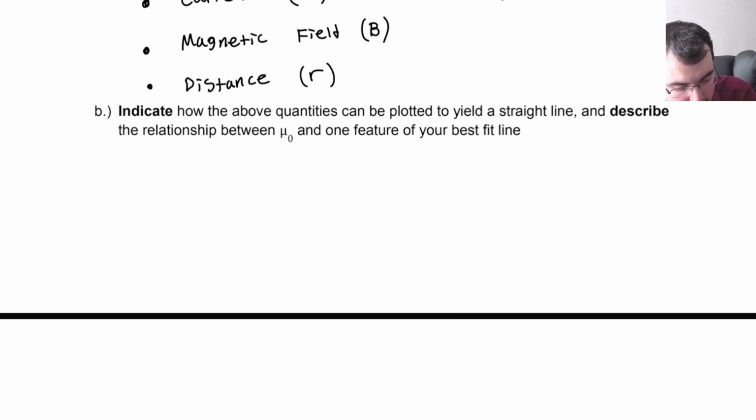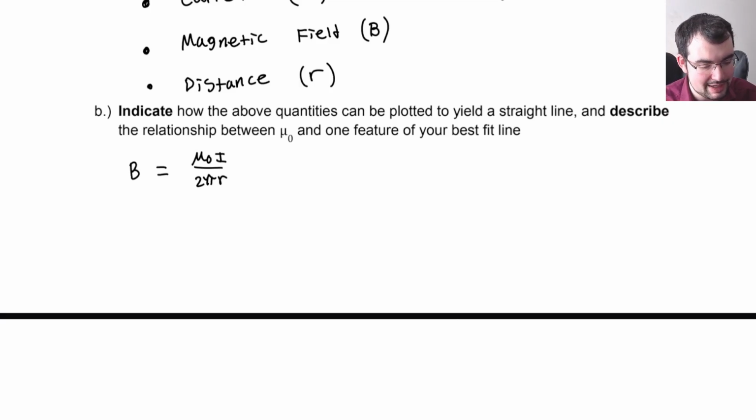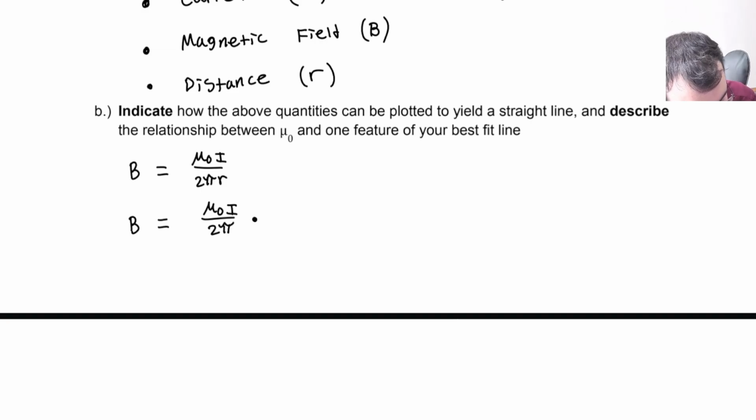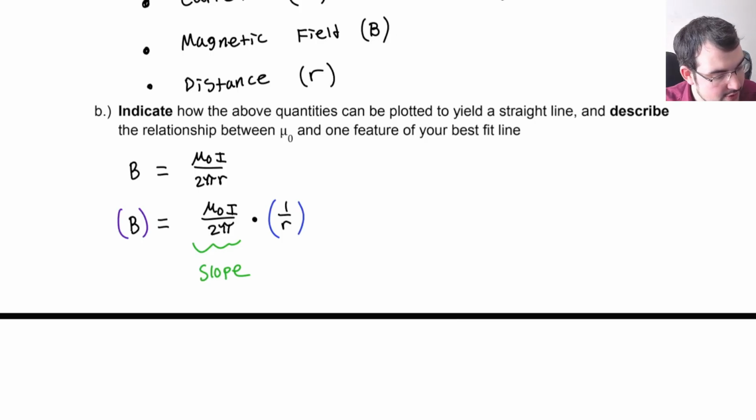First, we know our equation is B equals mu naught I over 2 pi r. If you do not change the current in the wire and instead change the distance, you could write B is equal to mu naught I over 2 pi times the quantity 1 over r. So you could graph B on your y-axis, 1 over r on your x-axis, and the slope is mu naught I over 2 pi.